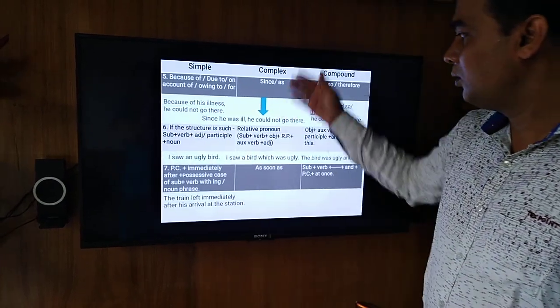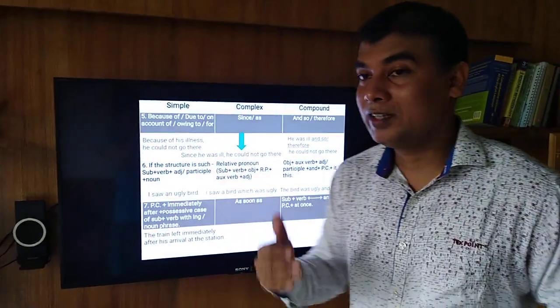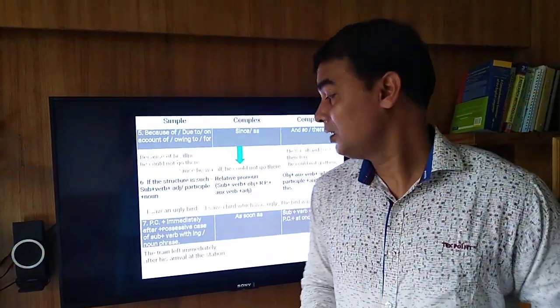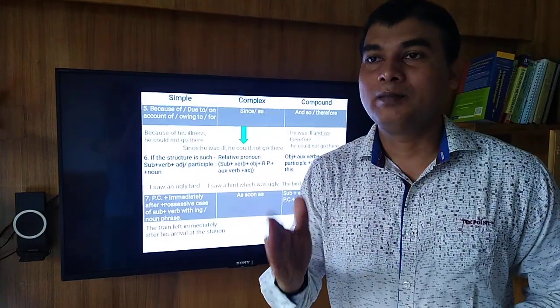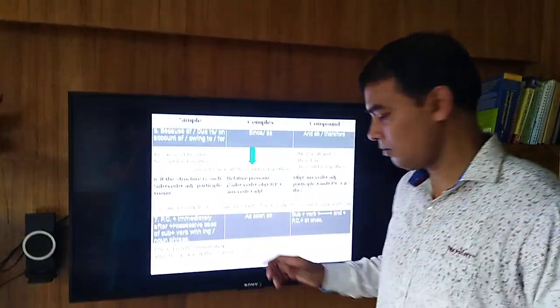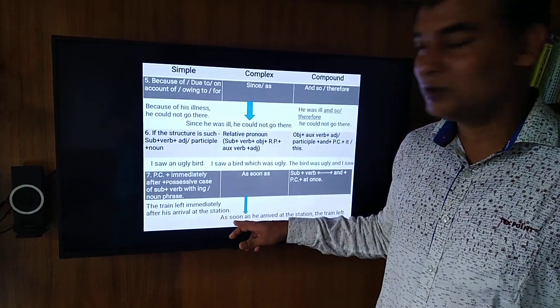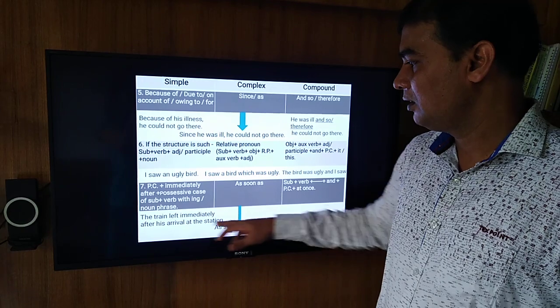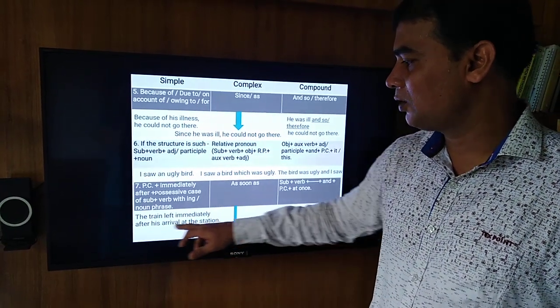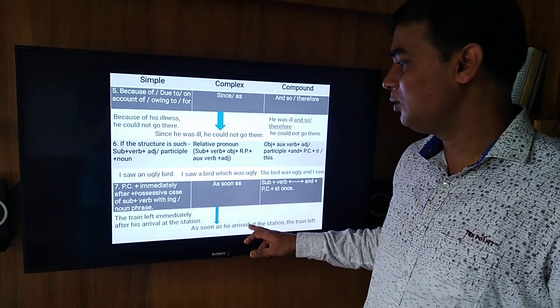Okay, so now we will transform it into a complex sentence, and as I mentioned earlier, a complex sentence means a principal clause and a subordinate clause. So here we use "as soon as" as the subordinate conjunction, then "his arrival at the station", in this portion the subject is he, so we can write he, and then we need a verb.